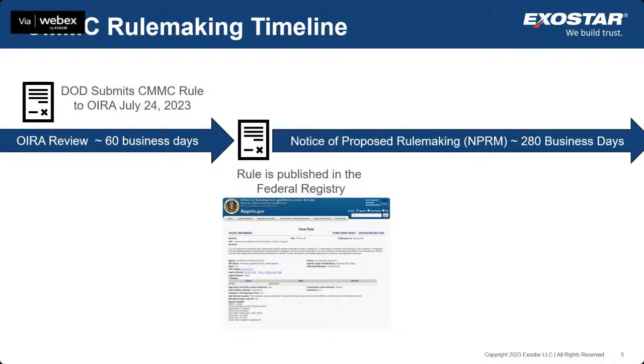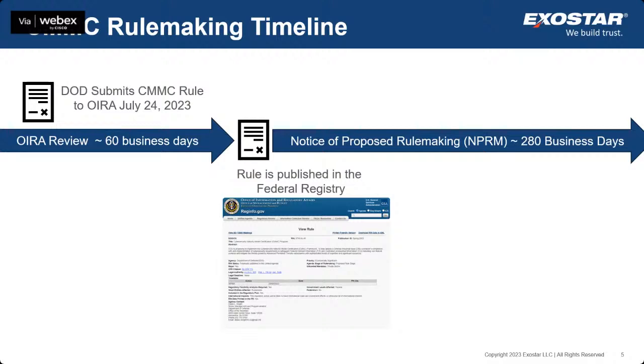With CMMC rulemaking, which has been going on for a number of years, where we are is that the CMMC rule is published in the Federal Register. It came out as a notice of proposed rulemaking.